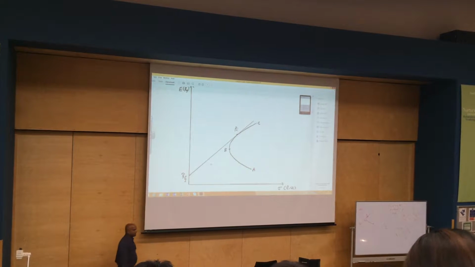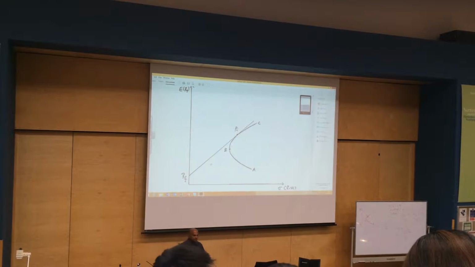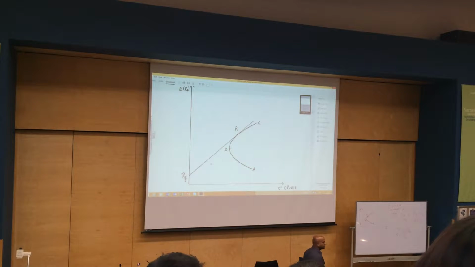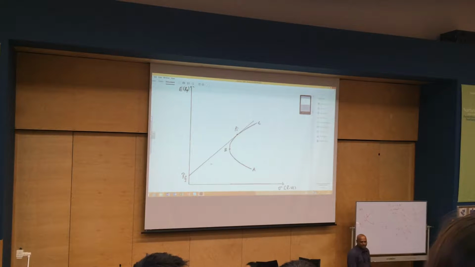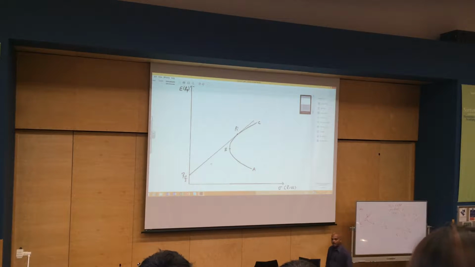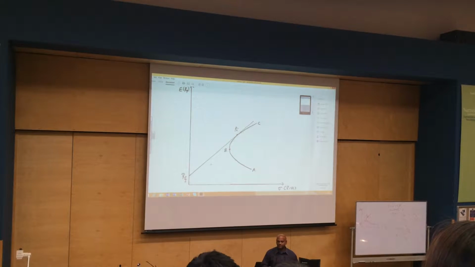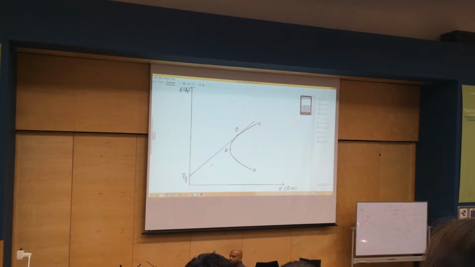If everybody has the same expectations, they all see the same borrowing and lending rate.